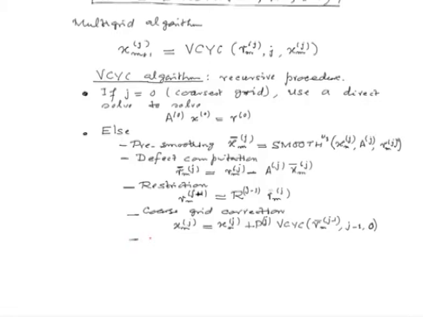And next, once we have got this coarse grid correction, we have to apply what we call post smoothing. Post smoothing simply represents that after post smoothing we will get our new iterate for the next multigrid iteration.